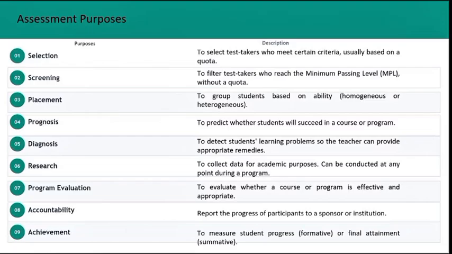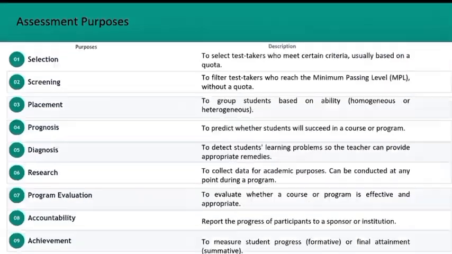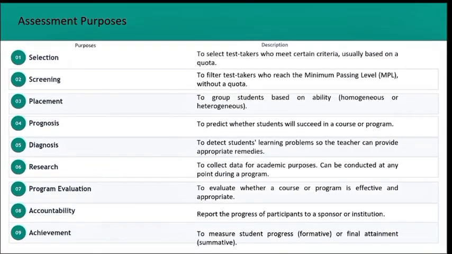Okay, next, assessment purposes. The first is selection: to select test takers who meet certain criteria, usually based on a quota. Selection assessment is used when a program has a limited number of spots available. For example, a university only accepts 100 students out of 300 applicants.